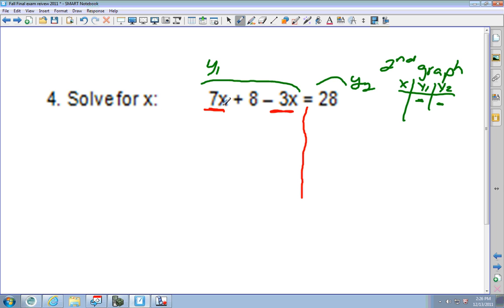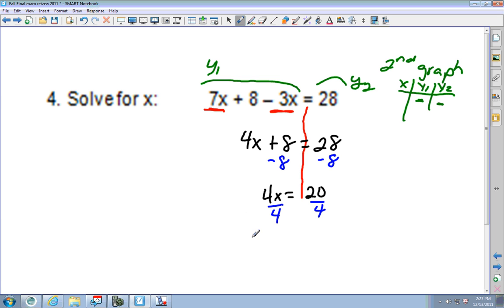I get 7x minus 3x, that is 4x plus 8 equals 28. Well, from here, I'm going to subtract 8 from each side. I get 4x equals 20. I'm going to divide by 4, and I get x equals 5. So there's my answer. And when you went in the calculator, you would have found x was 5, y1 was 28, and y2 was 28.